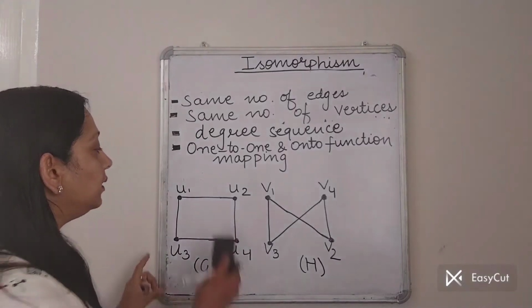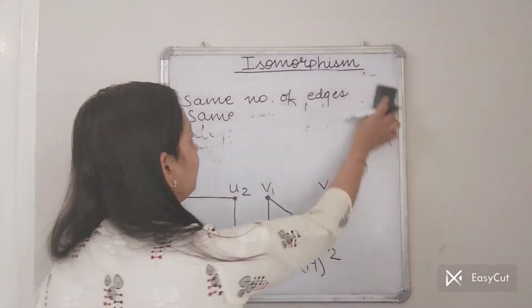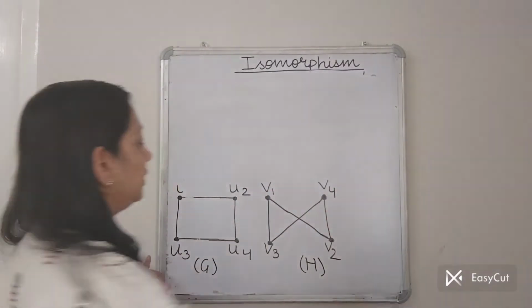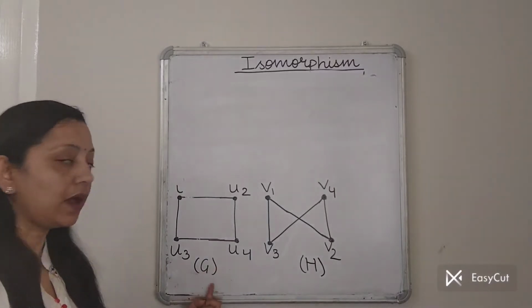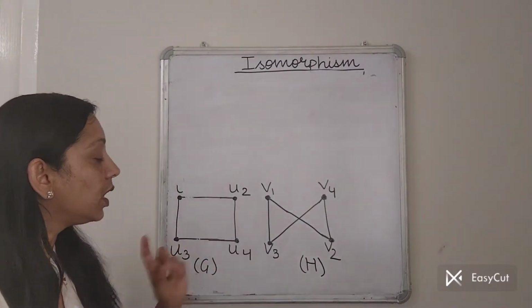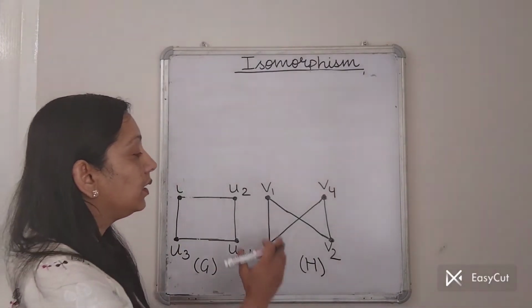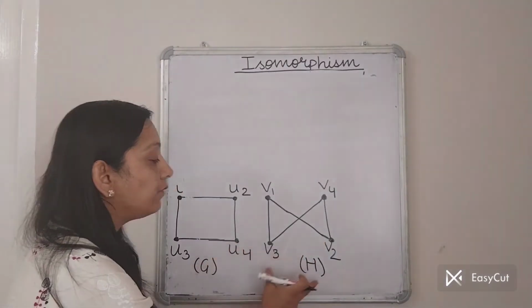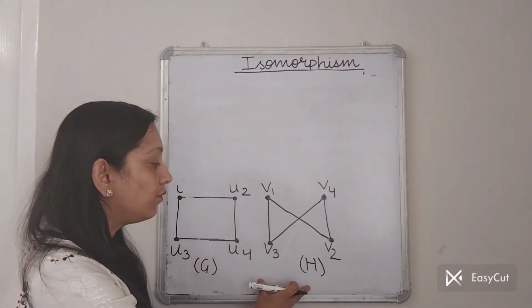So let's see the first graph first of all. These are my two graphs, right? Graph G and graph H. Now I have to prove whether these two graphs are isomorphic or not.